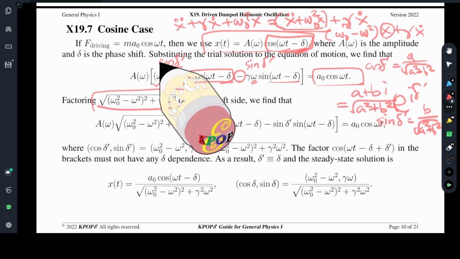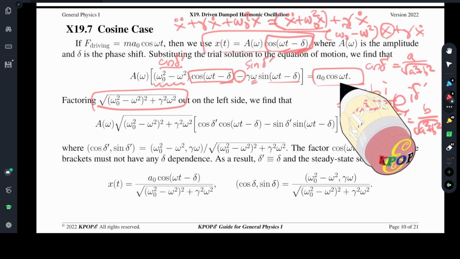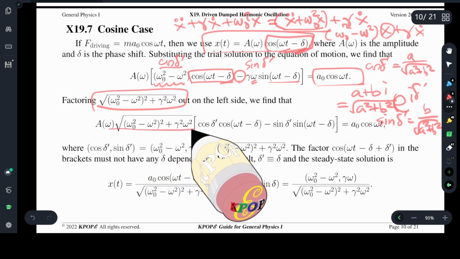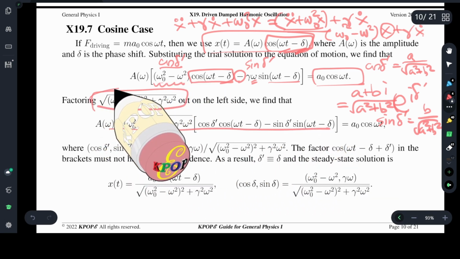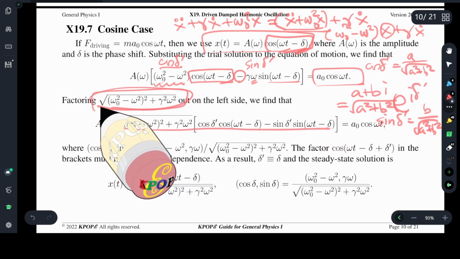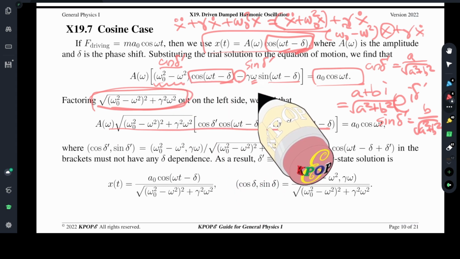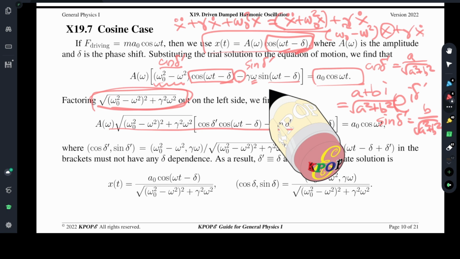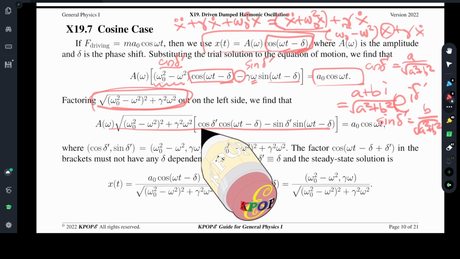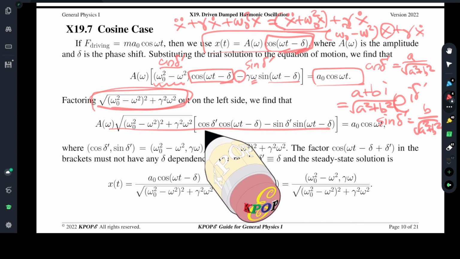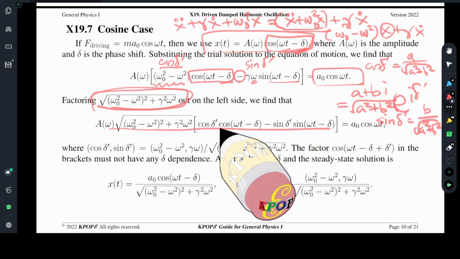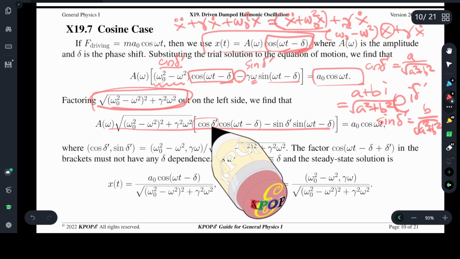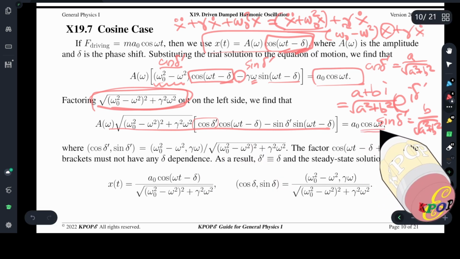Then cosine, minus sine. Aha. So this can finally be expressed in terms of this after factoring out the overall modulus. Then the sum of the squares of these two is 1. So that's the reason why I can express this as either cosine or sine, but we have to replace this with cosine because my goal is to express it in terms of cosine.